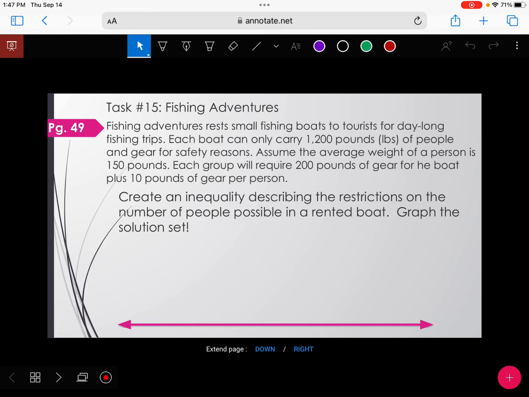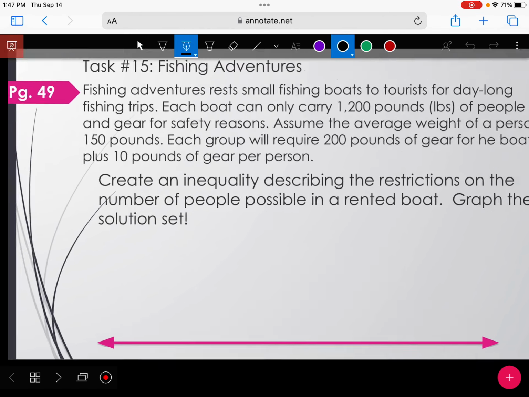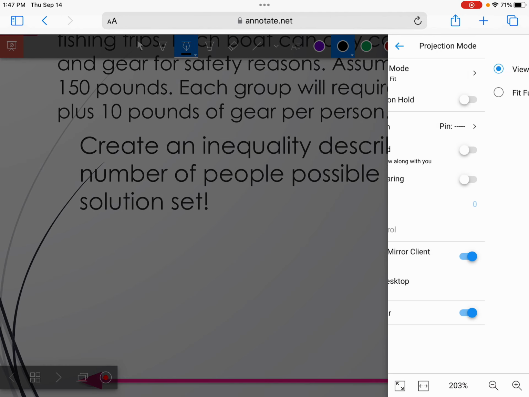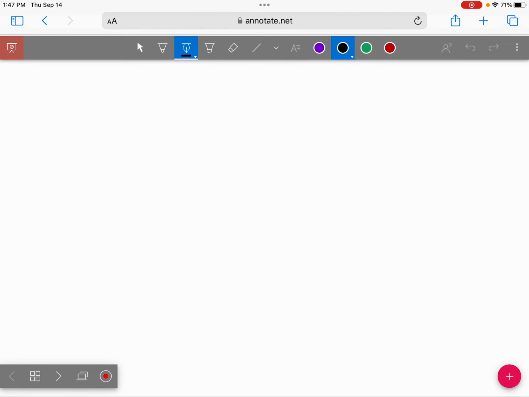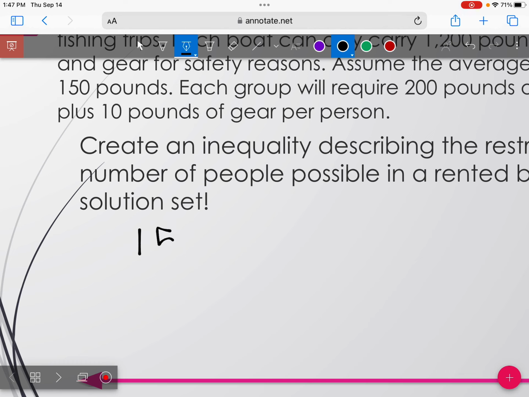How could we write an inequality for this situation? So we had something like 150 and 10, like this.